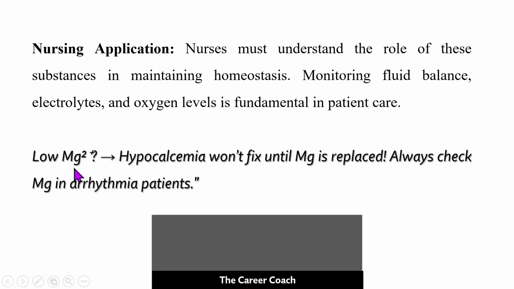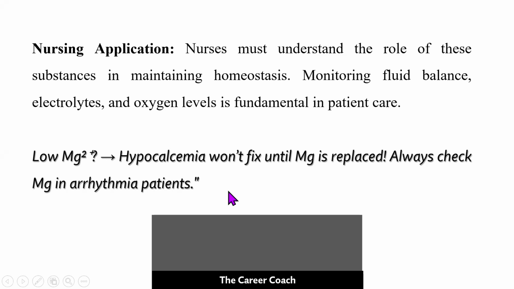Low magnesium. When magnesium is low, there is need to note that hypocalcemia will not fix until magnesium is replaced. There is need to always check for magnesium in arrhythmia patients. So when a patient has low magnesium, it can block the body's ability to correct low calcium, which leads to hypocalcemia.